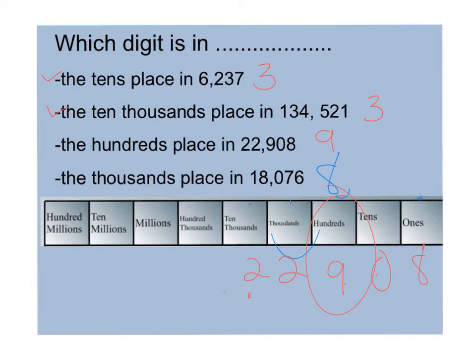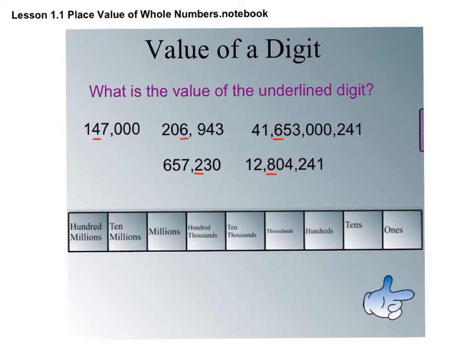Now, the value of a digit: its worth. What is it worth based upon where it is in the number? We have to consider this question a little differently. What is the value of the underlined digit? Let's take 147,000 as our first example.